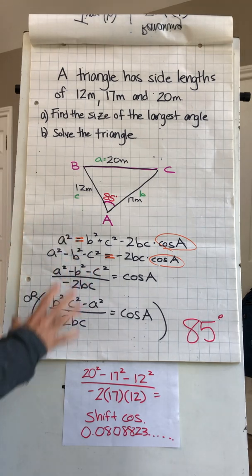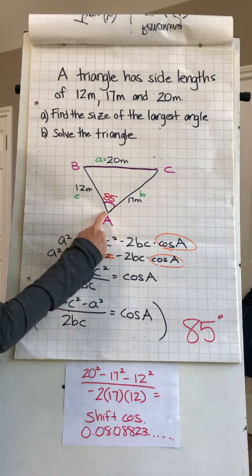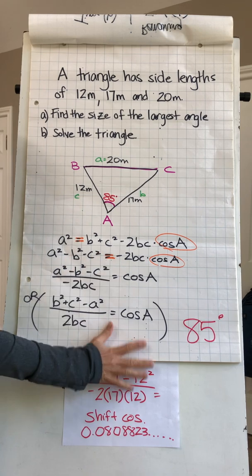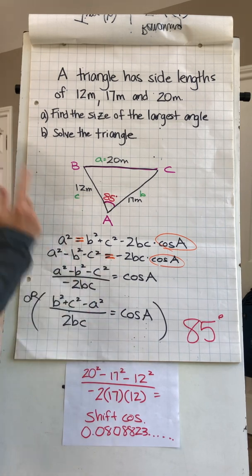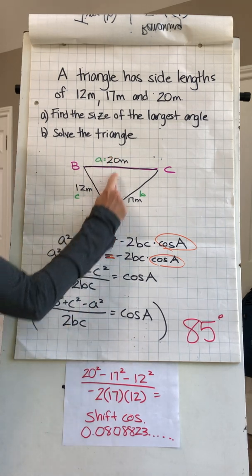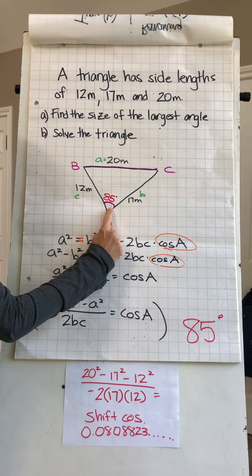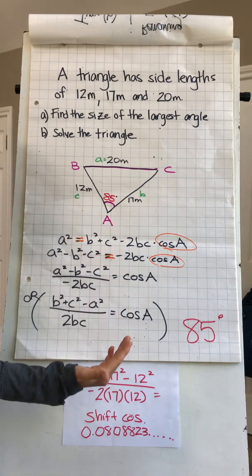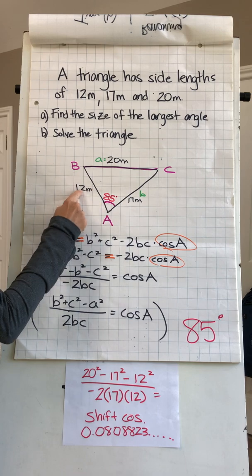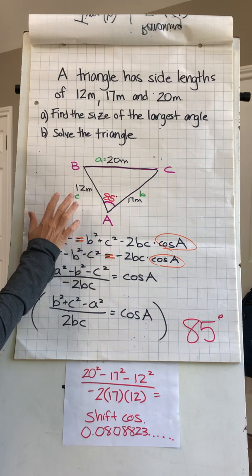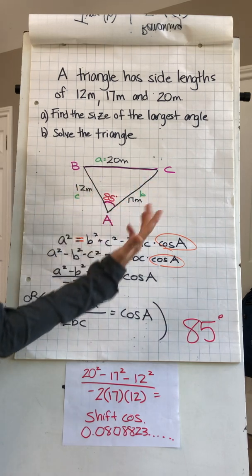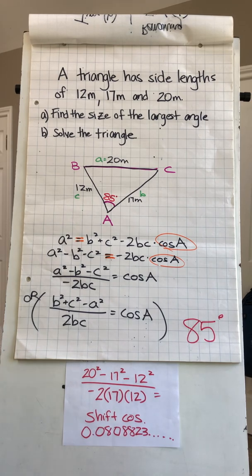Now, to solve the triangle, what I want to get across now is once we know an angle, you never want to use the cosine law twice, okay? Once we know an angle, we have the side and we have the angle across from it. You're going to use the sine law to find the missing information, okay? It's going to help you find the last angle.